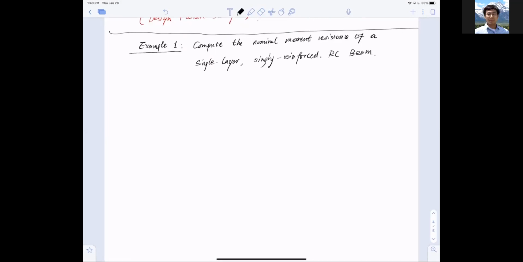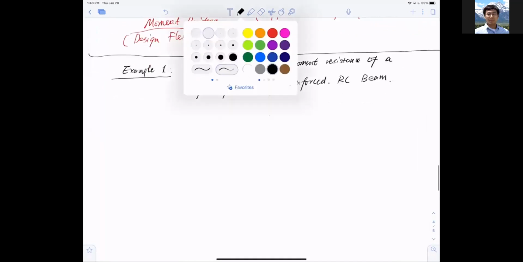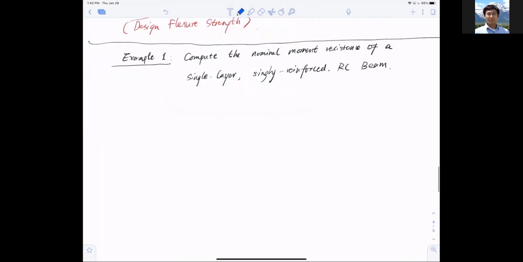Okay, and the cross section is given. What does it look like? The cross section looks like just this, a rectangular section, nice and easy. It has a width of b equal to 12 inches and a height of h equal to 20 inches.